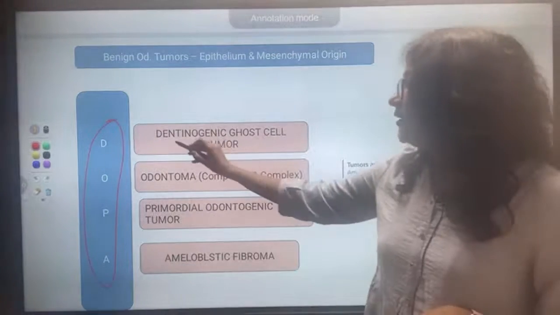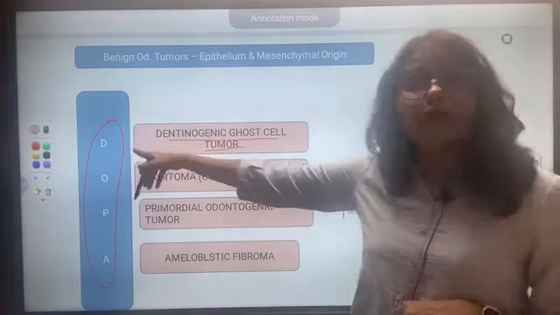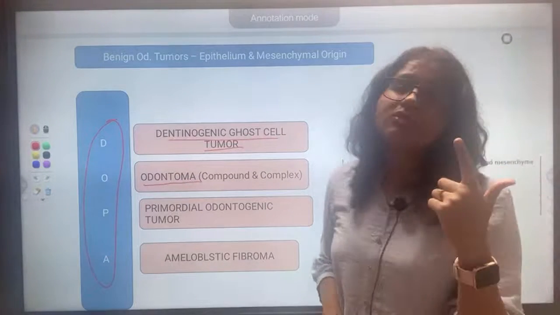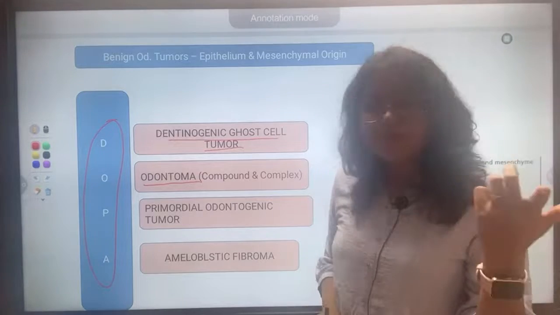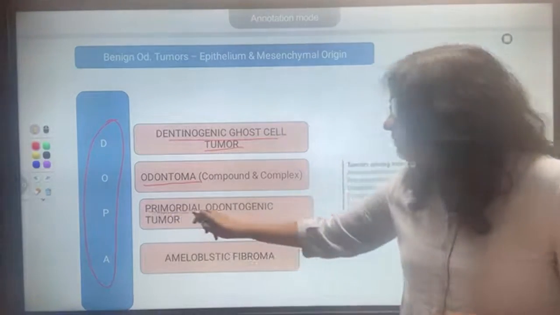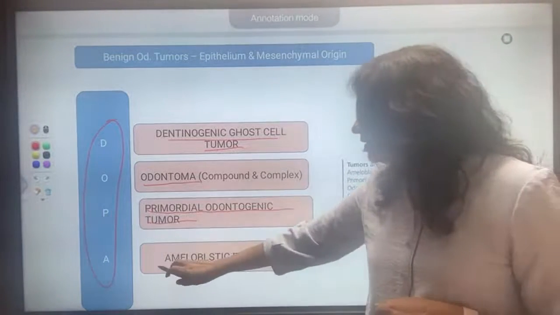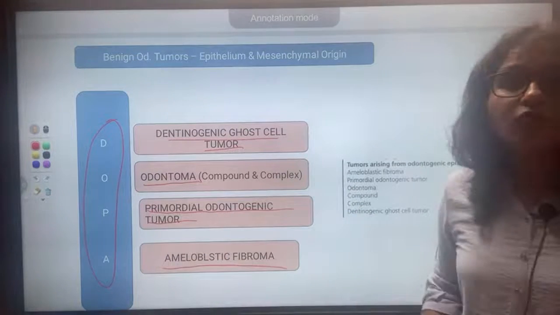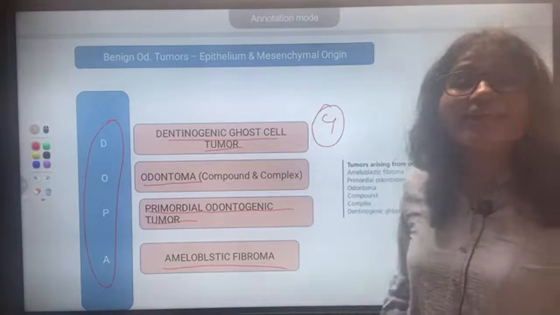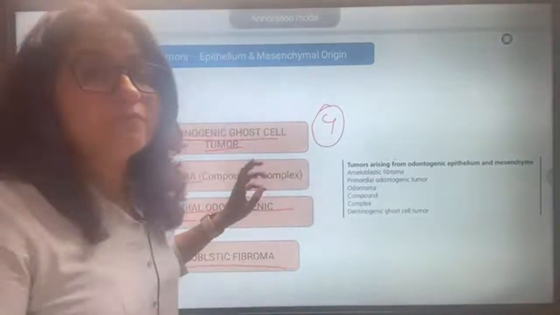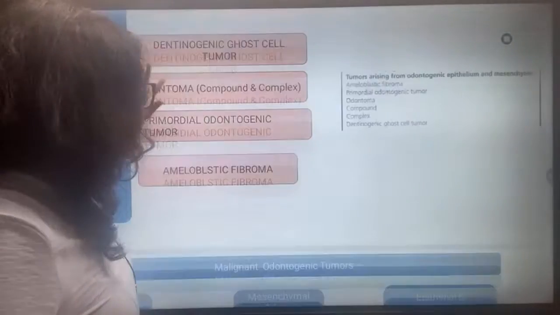For this, dentinogenic ghost cell tumor is for D, correct. O is odontome, remember there are 2 types of odontome, complex and compound, you will learn it later. Then P is primordial odontogenic tumor, and last is ameloblastic fibroma. So for all categories of benign, we learned 4 tumors, right? This will become very easy for you to remember.